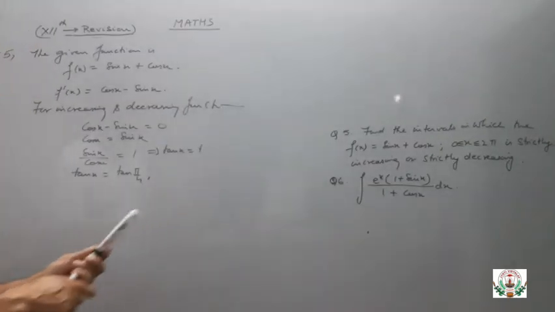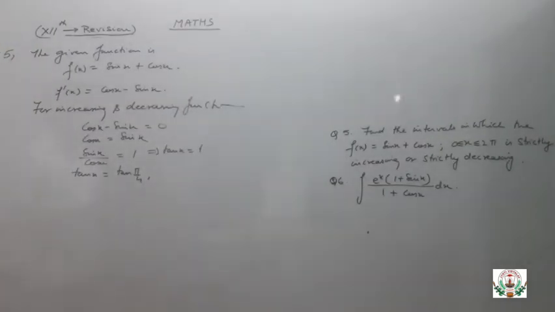Cos x will be equal to sin x, and sin x upon cos x will become equal to 1. That implies tan x will be equal to 1, and tan x will be equal to tan pi by 4, that is in the first quadrant, where the value is positive.